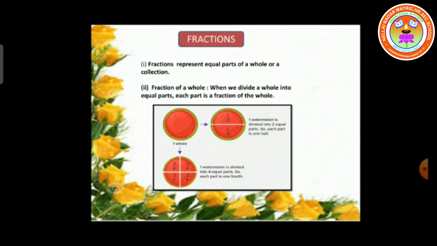So each part is 1/2. Now see the third figure. One watermelon is divided into 4 equal parts. So each part is 1/4. Now one watermelon is divided into 3 equal parts. Then each part is 1/3. Now you understand the fraction concept?